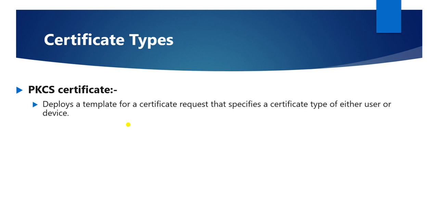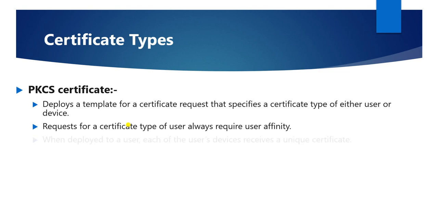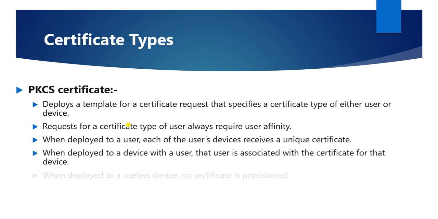So here we have the PKCS certificate. Deploy a template for a certificate request that is specific to a certificate type of either user or devices. A request for a certificate type of user always requires user affinity. So these are a few characteristics about this.